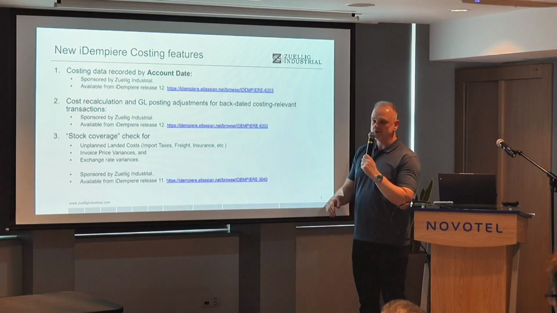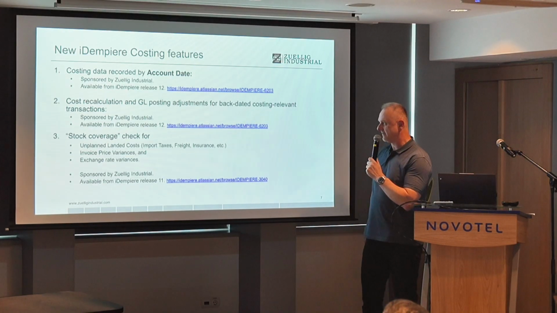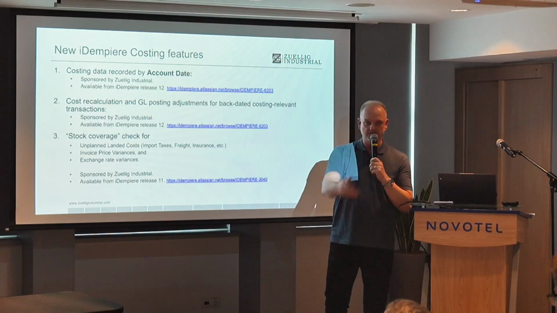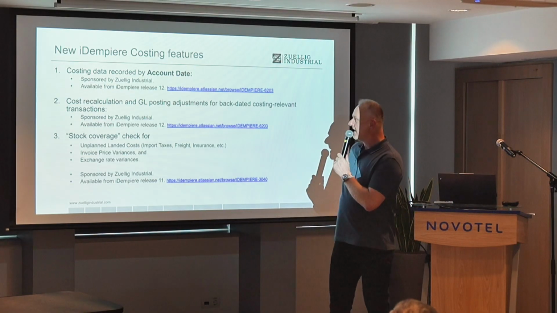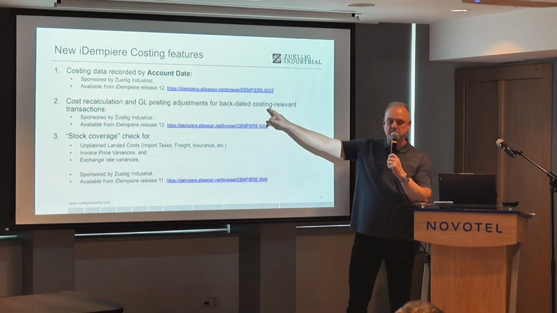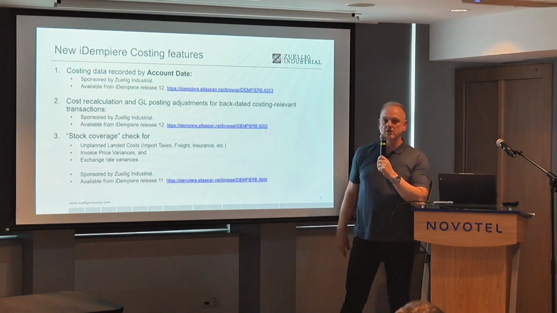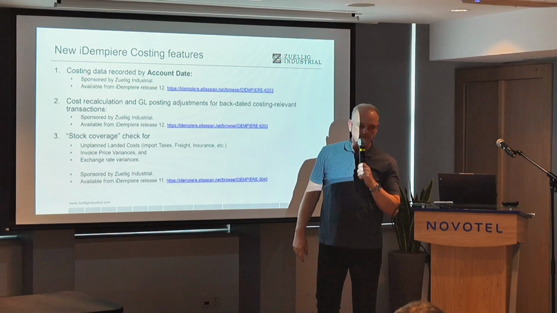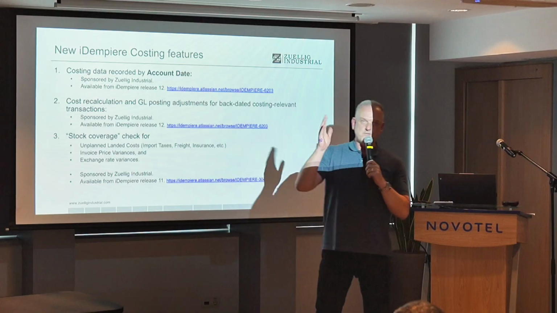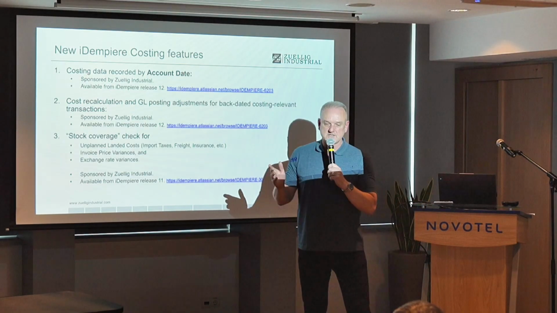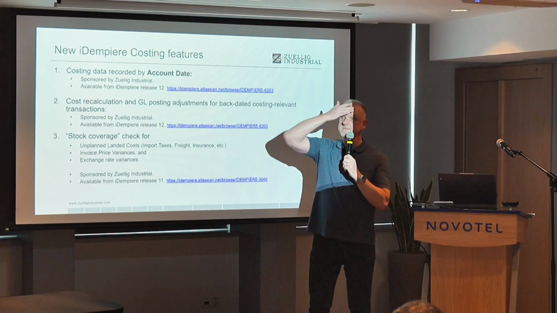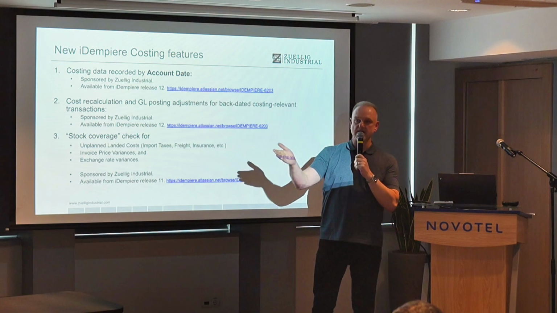Now, point number 2, I think there was a strong drive from, you guessed it, Mr. Norbert Beder here, to do backdated costing. Backdated costing means, I give you an example. Let's say we have 2 accounting periods, right?